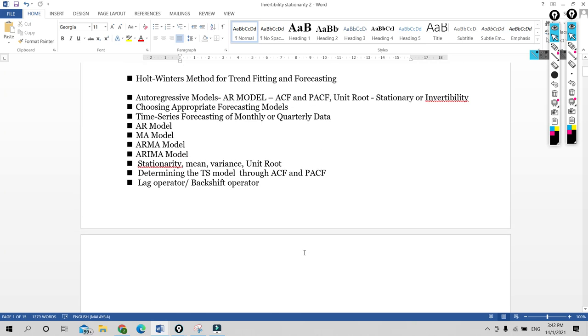Differencing is also quite important because in the ARIMA model we need to do differencing, isn't it?